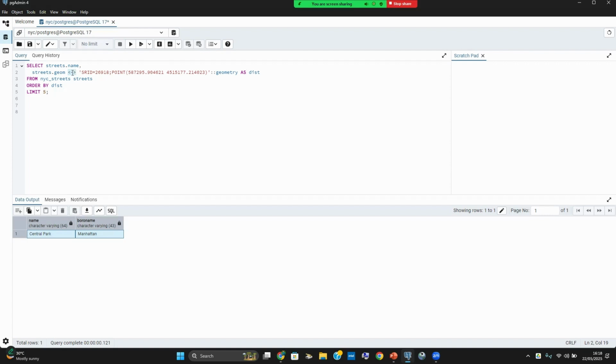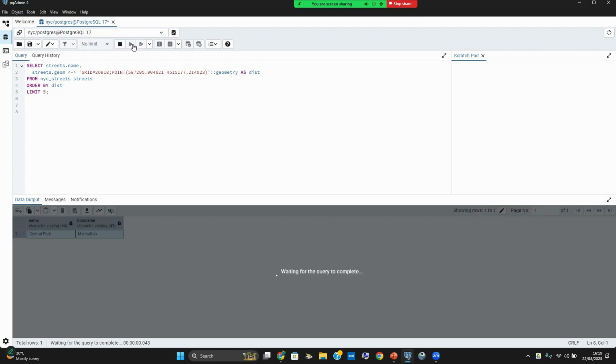It computes the shortest distance between, in this case, the street and the point. And we already went through this: order by, we're ordering in this case by distance. And we're limiting the results to 5 here.